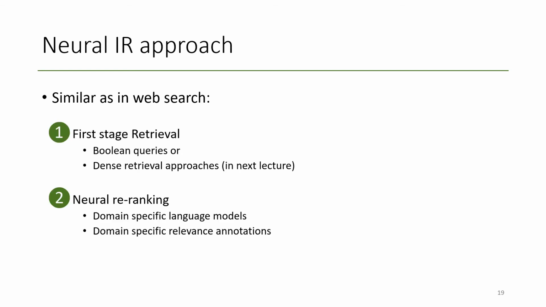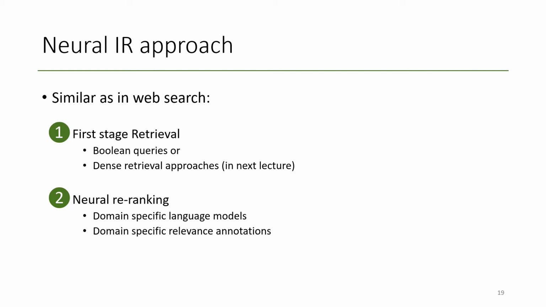So, and then the neural information retrieval approaches for tasks in those domains have a similar structure as in web search. At first, there's the first stage retrieval, which is typically nowadays done with Boolean queries, but can also be approached with dense retrieval approaches, which will be covered in the next lecture.